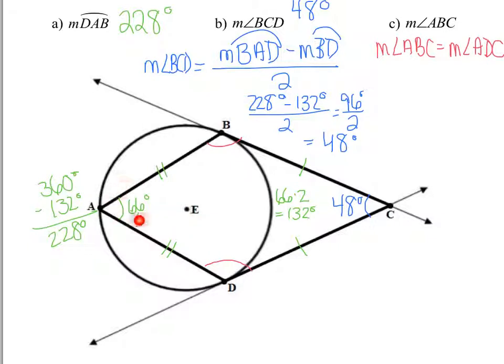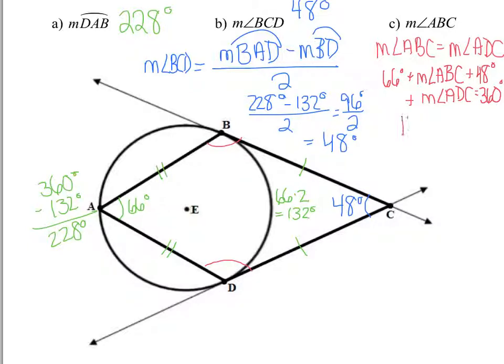We also know this angle, and we know this angle, and it makes a kite. A kite is a quadrilateral where all four angles add up to 360 degrees. So we have 66 degrees plus the measure of angle ABC plus 48 degrees plus the measure of angle ADC is going to equal 360 degrees.